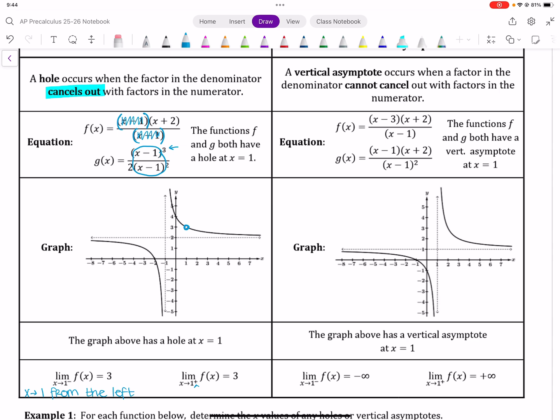And then with the positive as an exponent, that's from the right. So as we approach from the left, we can see that we are approaching our hole, which has a y value of 3. Same thing as we approach from the right side. So that is why our limit equals 3. So our limit will always equal a number when we have a hole.